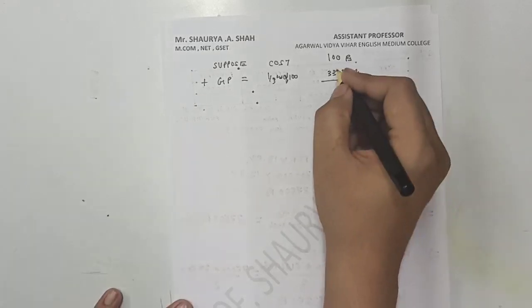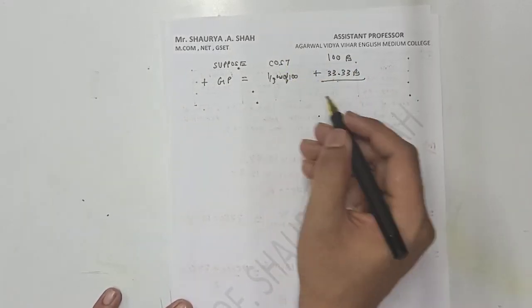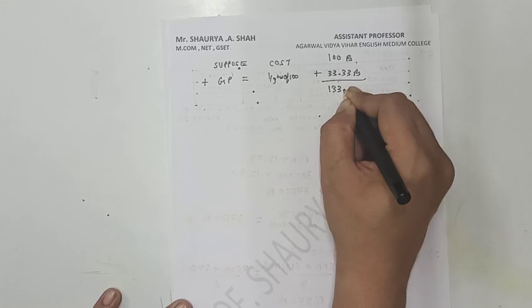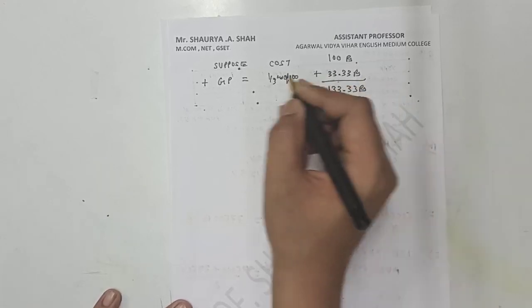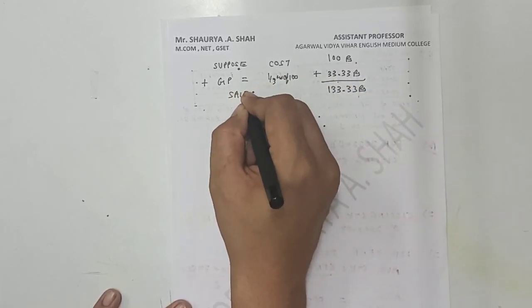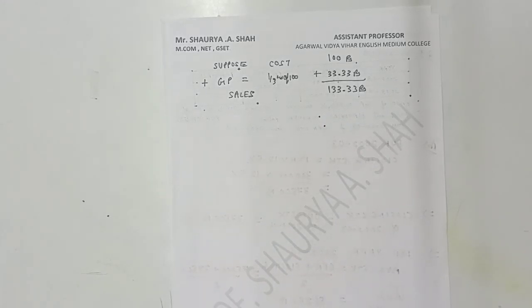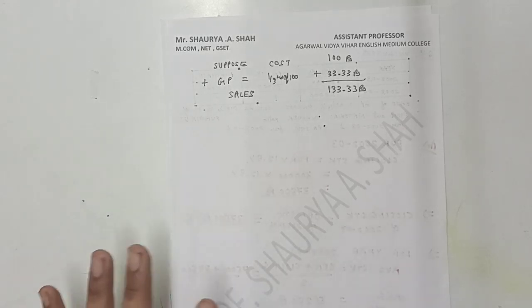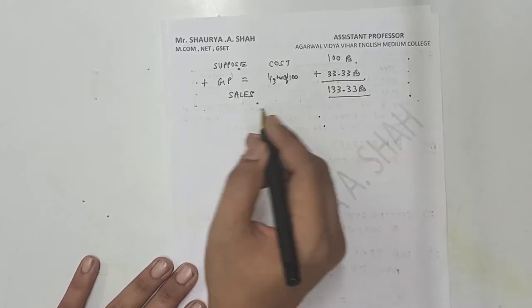So if I add cost plus GP, 133.33 rupees will be my sales. Is it clear? So 133.33 rupees is sales, right? I am calculating what is given in the question so that you are not confused about why the information is given. So the sales I am having is 133.33 rupees.